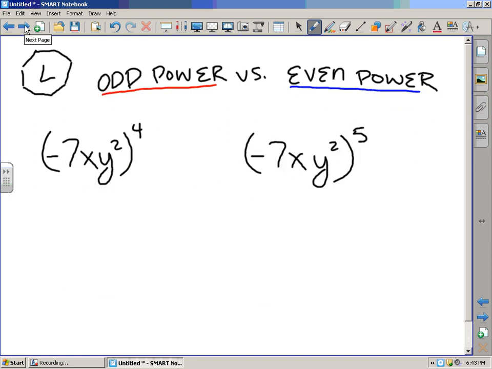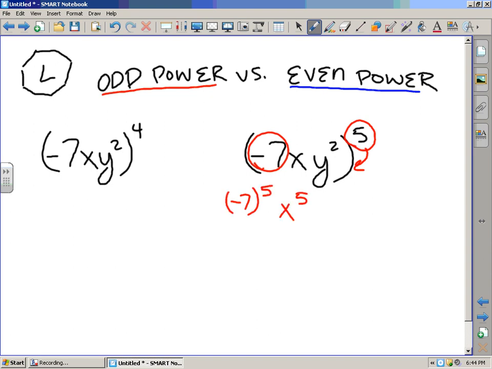And then another example, odd versus even. This time let's look at the odd first. The power goes to every single piece that is in the parentheses. It goes to the entire -7.